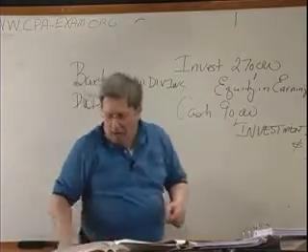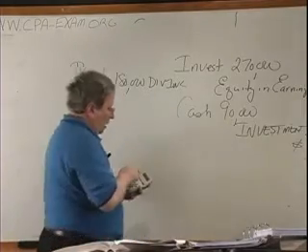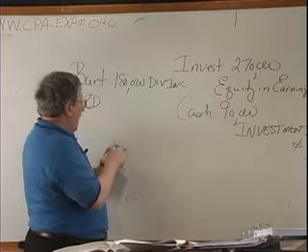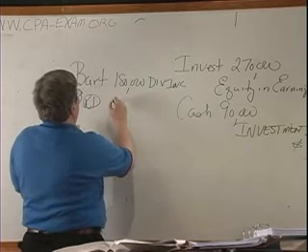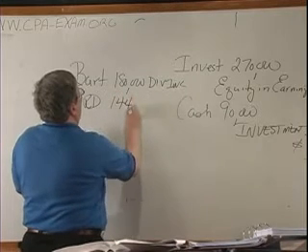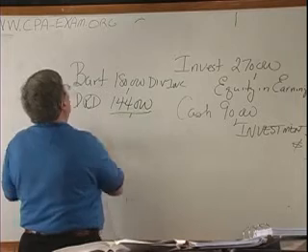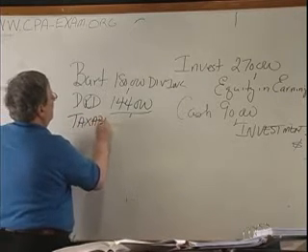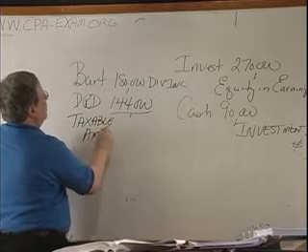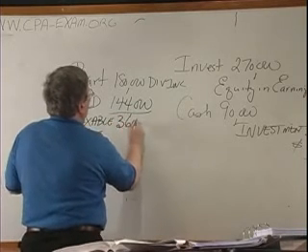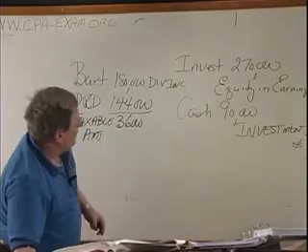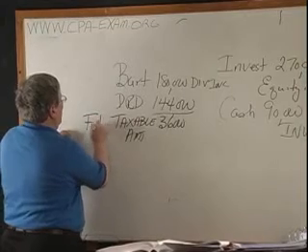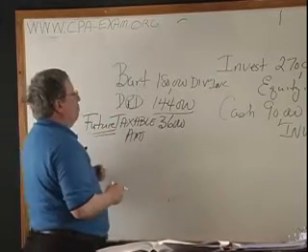So if you take $180,000 and multiply it by 0.8, the dividend received deduction is $144,000, 80% of this, leaving you with a taxable amount of $36,000.